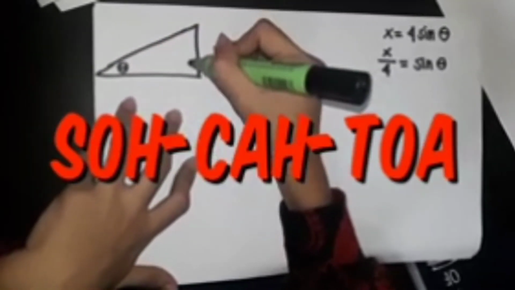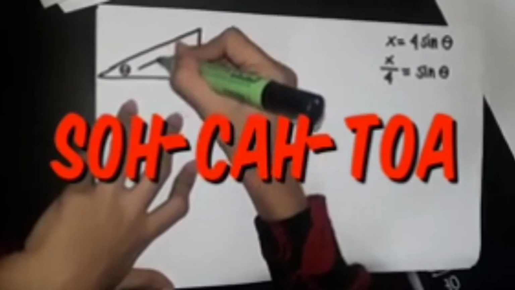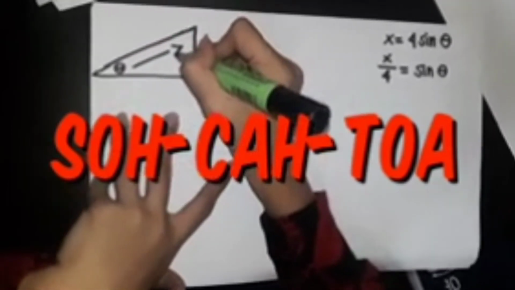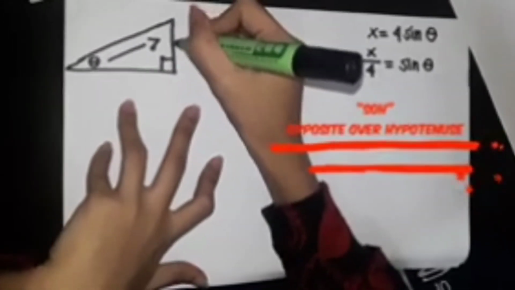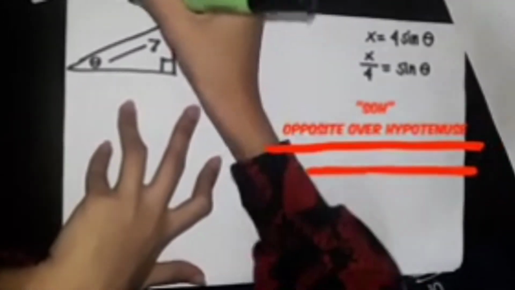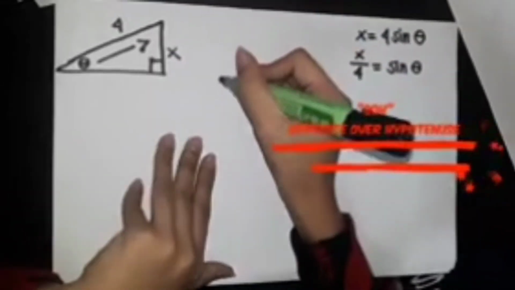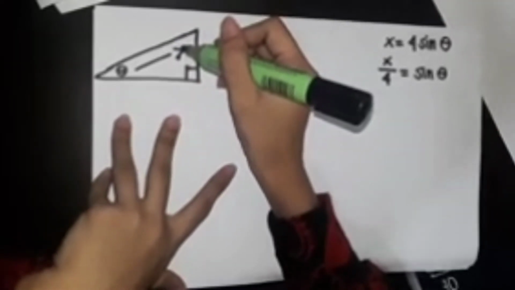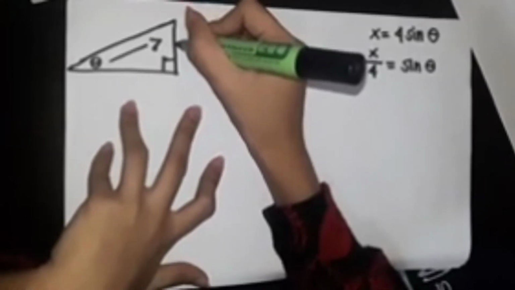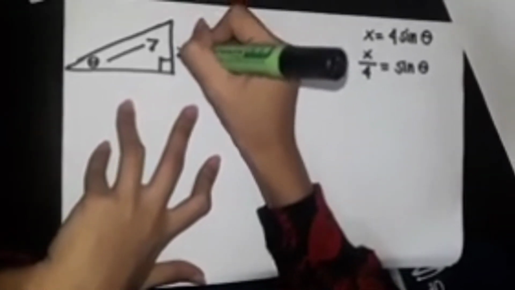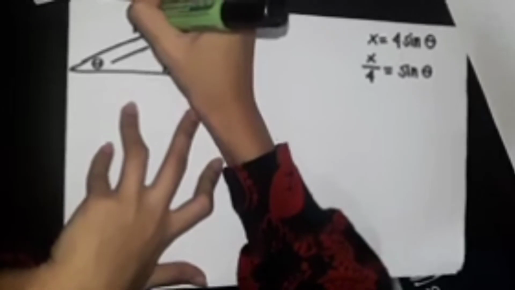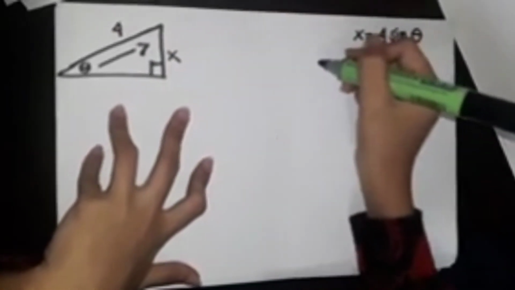At this point, we will apply the principle of SOHCAHTOA. So, we will use the SO, which is the opposite over hypotenuse. So, x is our opposite and 4 is our hypotenuse. The SO part of SOHCAHTOA tells us that sine theta is the opposite side divided by the hypotenuse.